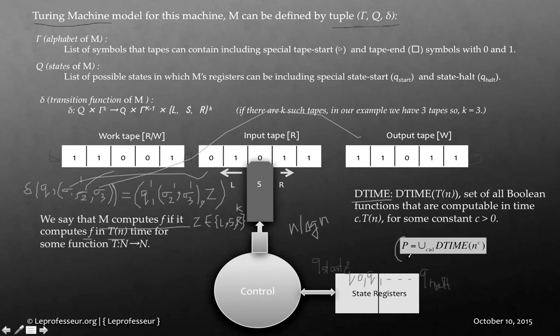What is P? P is nothing but the union of all such functions which can be computed in deterministic time n to the power c, for a certain constant c. It doesn't mean that you say, okay, n to the power 100 is my P. No, you can't solve n to the power 100 in realistic time.